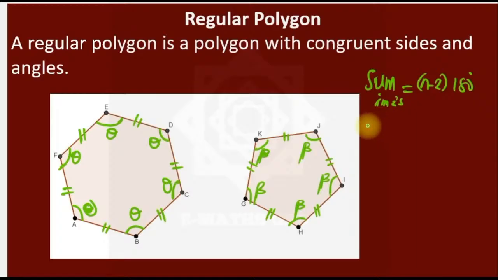As an example, if you have 5 oranges and you have 5 people to share, each of them will get 5 over 5, which is 1 orange. So each interior angle of a regular polygon is now the total, which is n minus 2 times 180 over n.